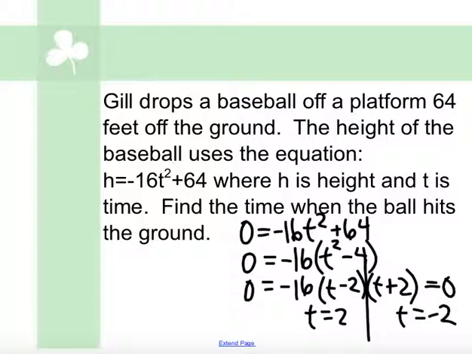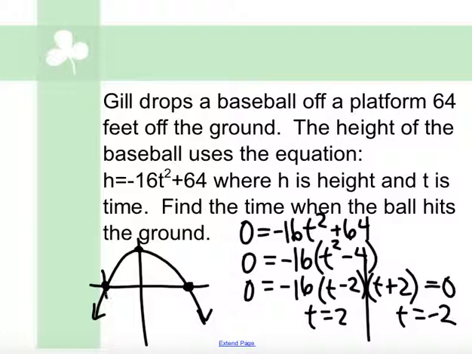Well, if we think about this logically, what is happening is that we have this graph here, okay, and we have this y-intercept at 64 here, and we have this parabola. And here we have two different times where we hit the ground.